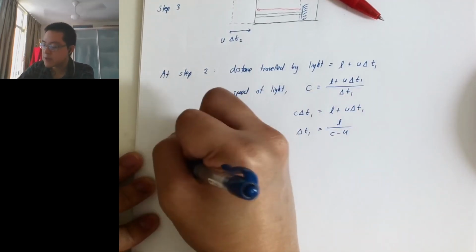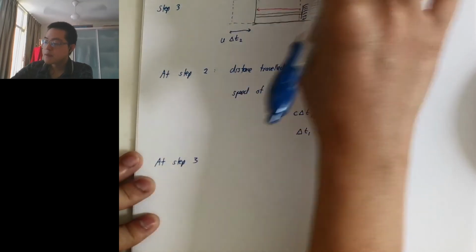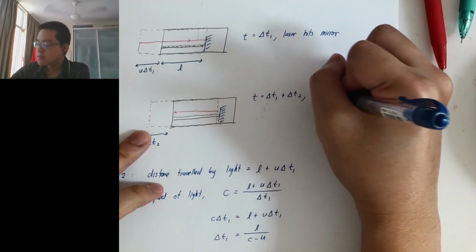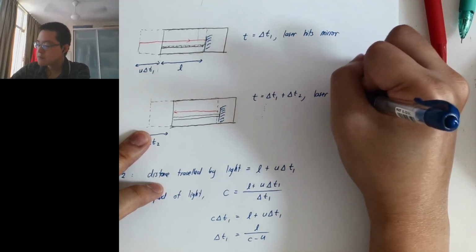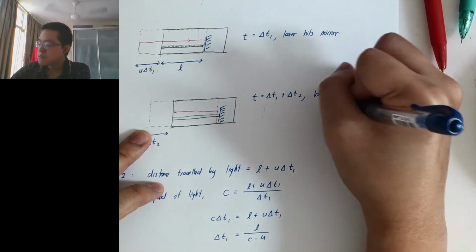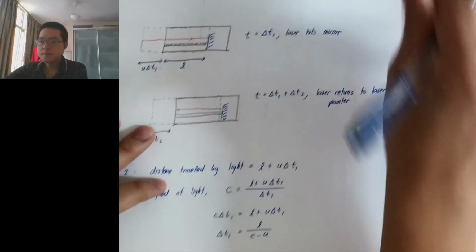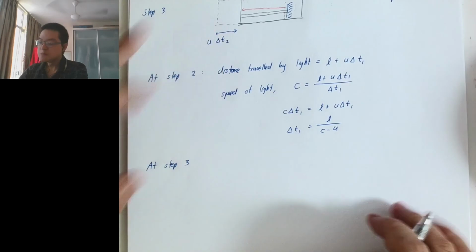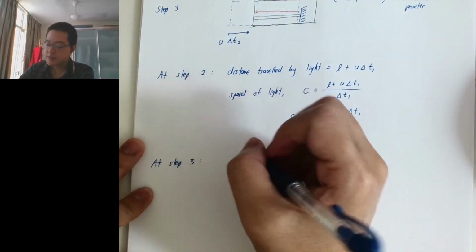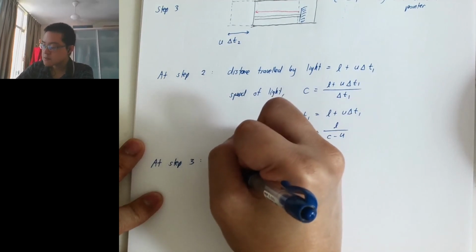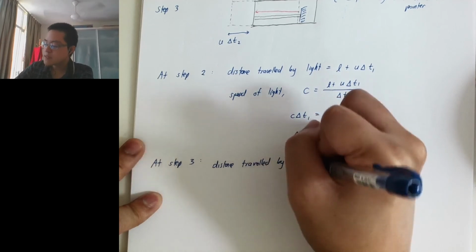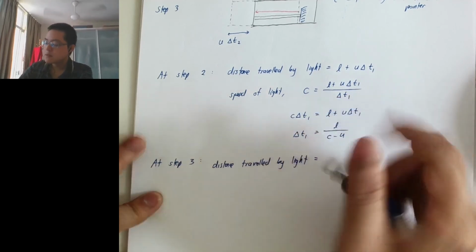So at step 3, just to clarify, the light returns to the laser pointer. So at step 3, the distance traveled by the light is what?